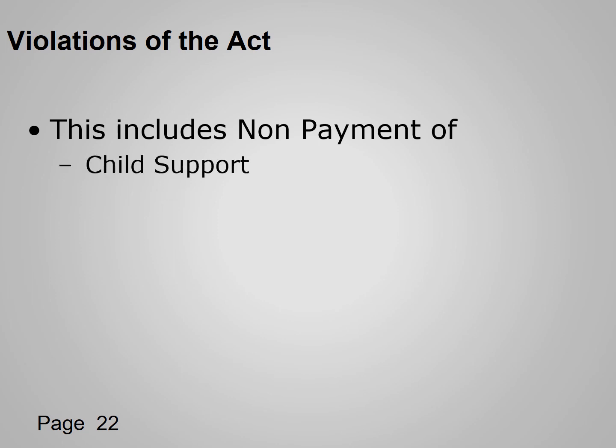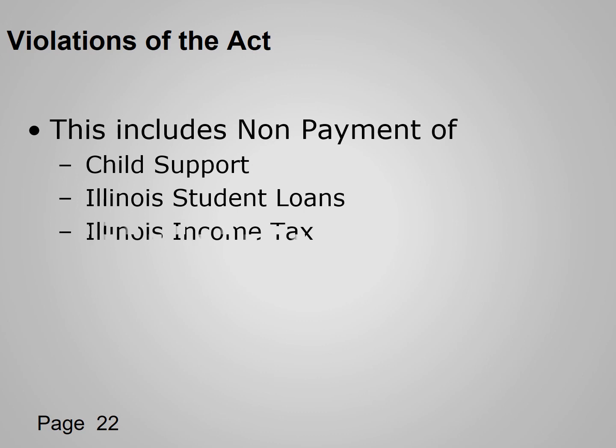Violations of the Act include non-payment of Illinois child support, non-payment of Illinois student loans, non-payment of Illinois income tax. So in order to renew your license, in order to upgrade to your broker's license, you'll want to make sure you're not 30 days in arrears in child support, and you're not in arrears or behind on Illinois student loans or Illinois income tax payments.